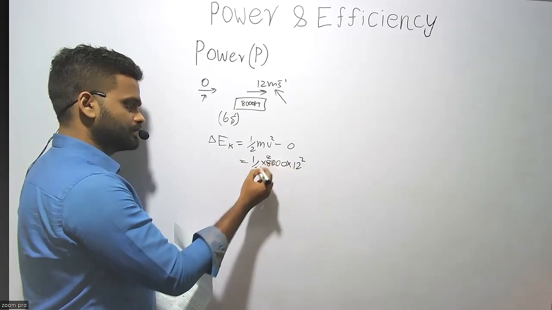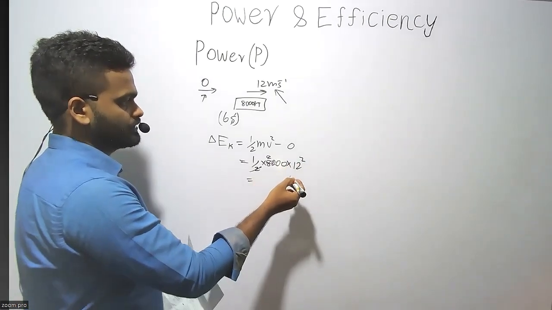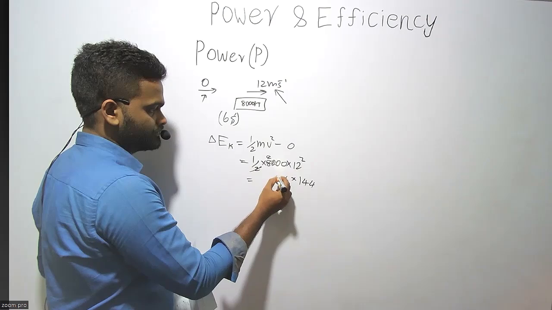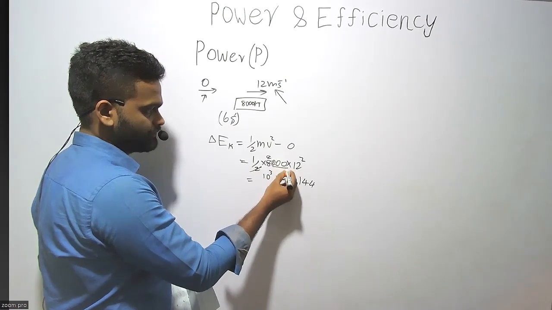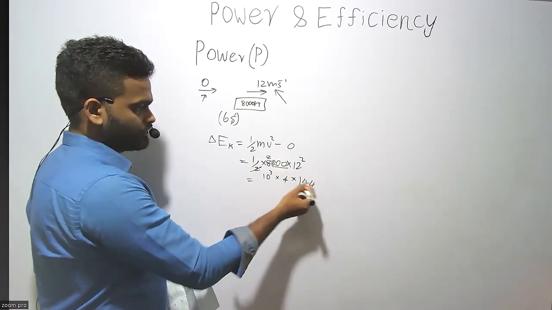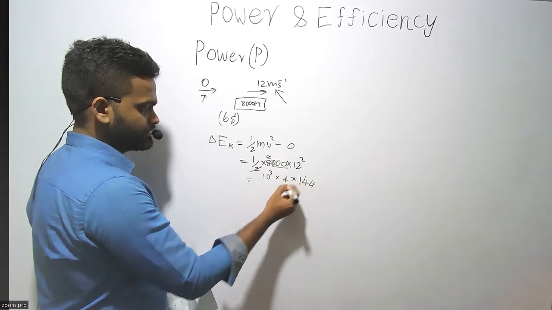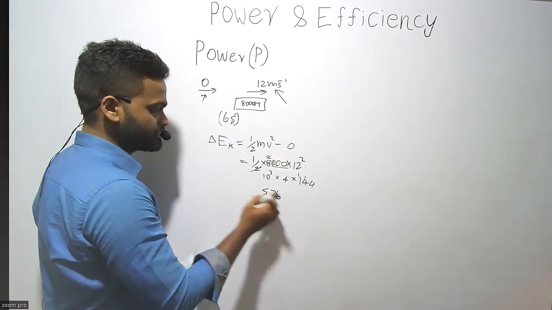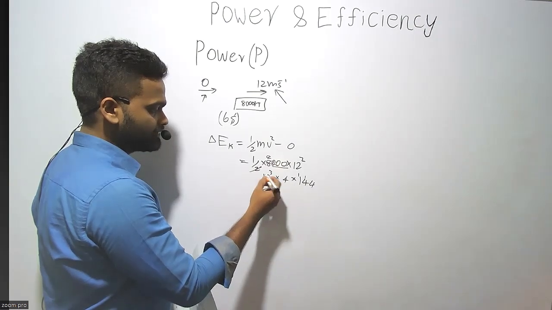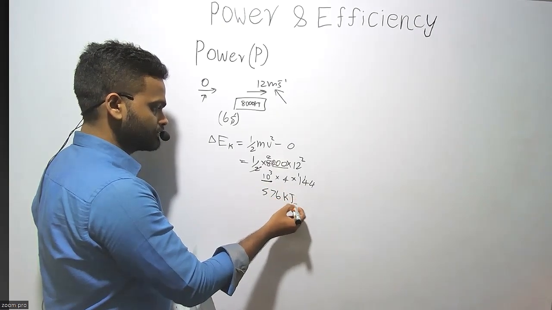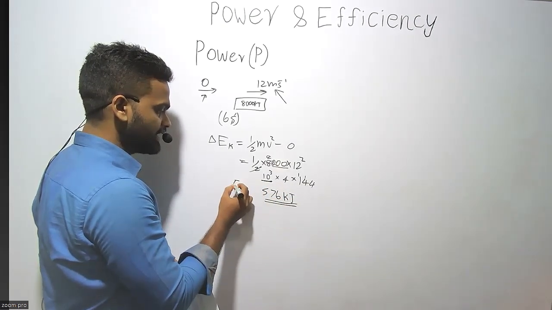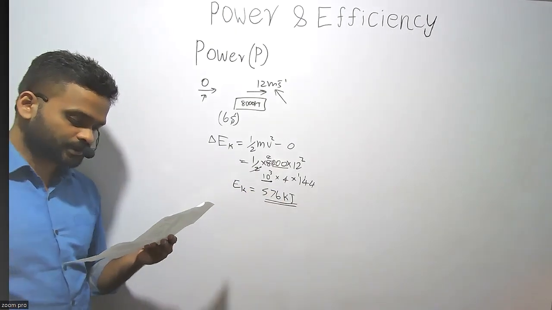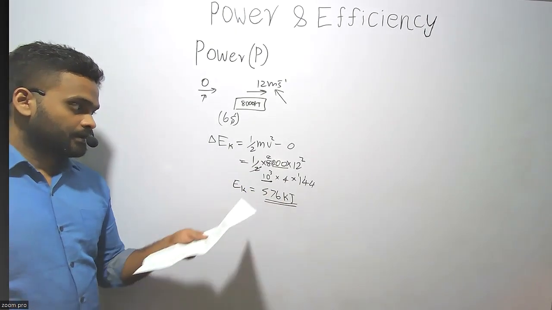So 4,000. 12 squared is what? 144 times 4. There are 3 zeros here. So 4 times 16, 17, 5. 576, 10 to the power 3, I'll write it as kilo. So this is the kinetic energy gained by the whale. 576 kilojoules, right? You can take it down.